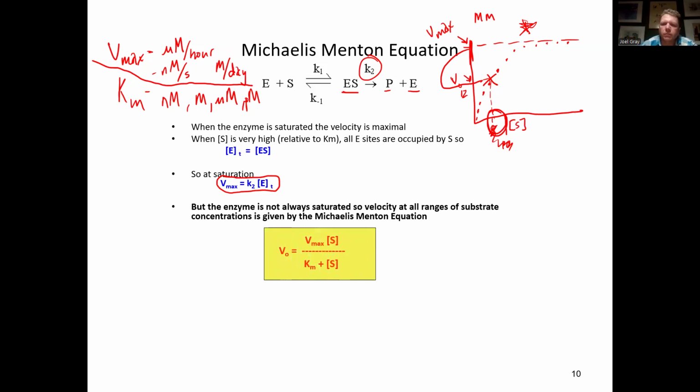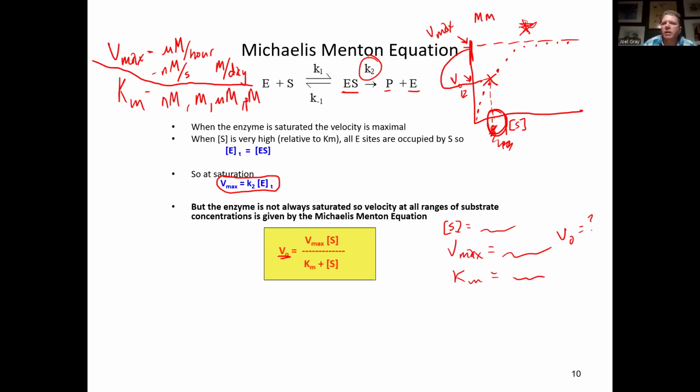But this equation, V sub 0, which is the label for our y-axis, is equal to Vmax times our substrate concentration divided by Km plus our substrate concentration. So with this equation, if you were given substrate concentration is blah, Vmax is blah, Km is blah, what is V sub 0?